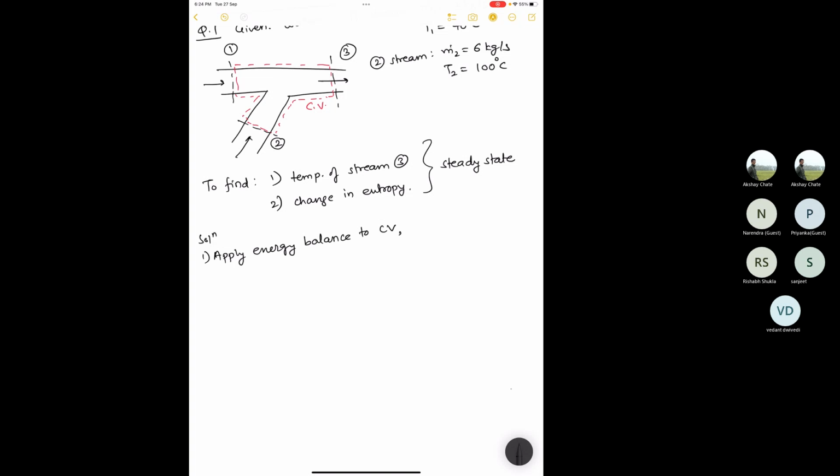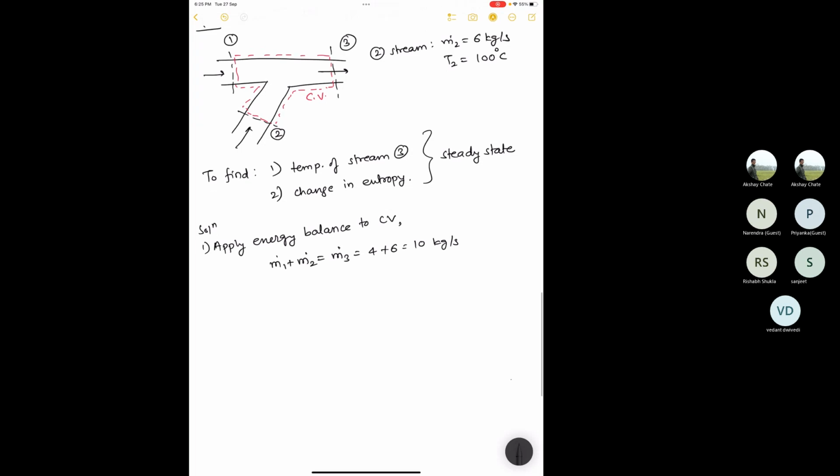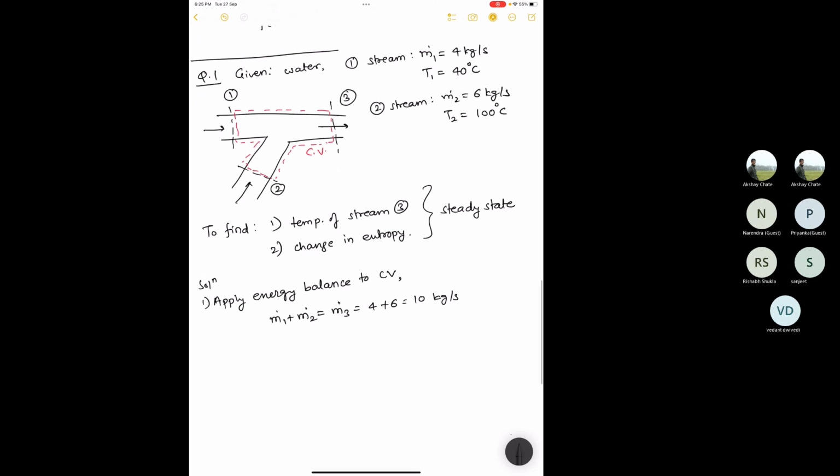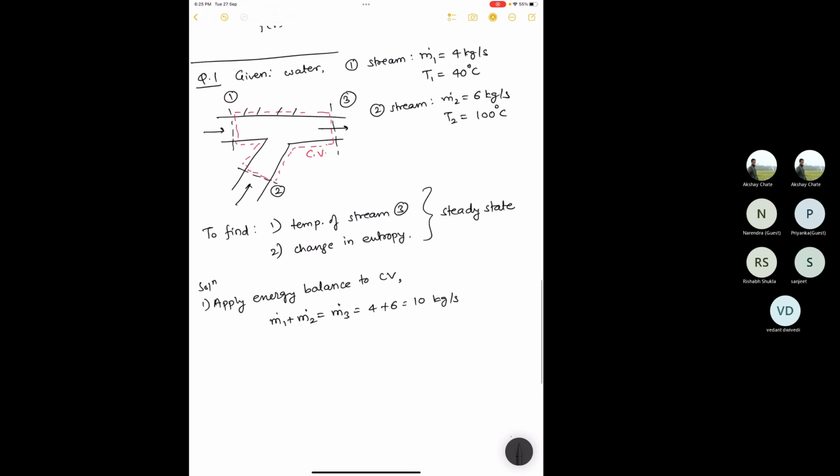Since it's a steady state process, your m dot in will be equal to m dot out. Here m dot in is m dot 1 plus m dot 2, which will be equal to m dot 3. So basically it will be 4 plus 6, 10 kg per second. And this system is adiabatic. You can take that also.